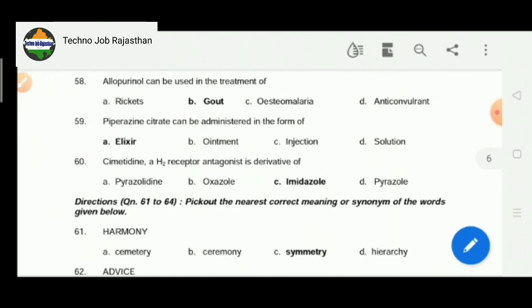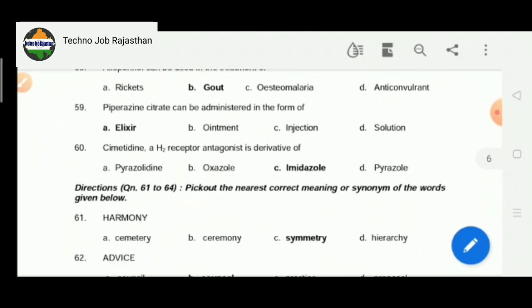Question number 60: cimetidine, an H2 receptor antagonist, is a derivative of option A pyrazolidine, option B oxazole, option C imidazole, option D pyrazole. So the correct answer is option C, that is imidazole.